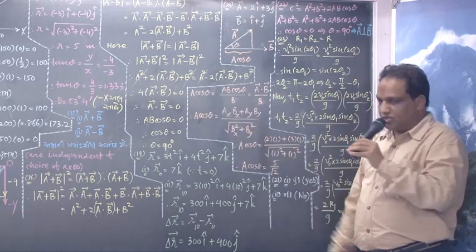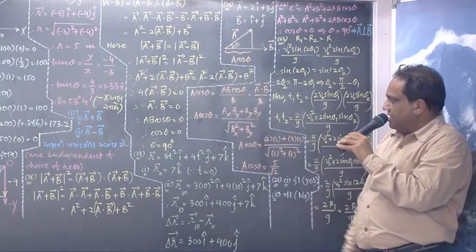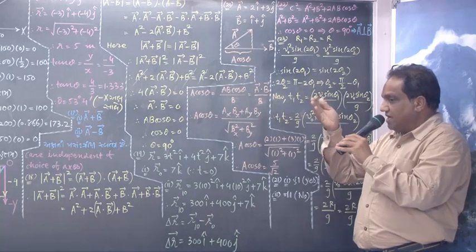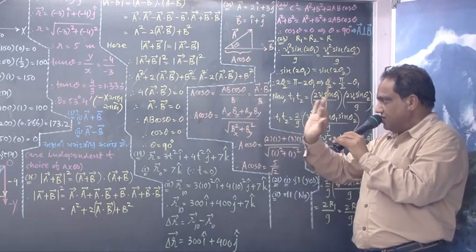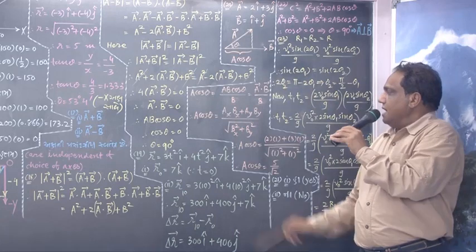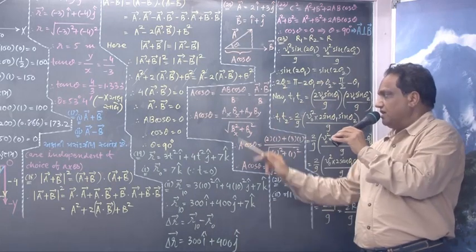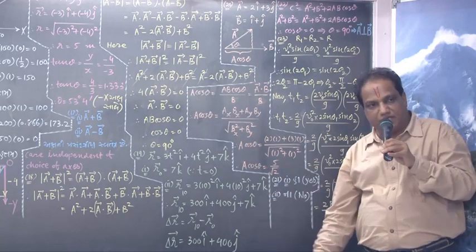Correct? What is AB cos theta? Vector A dot vector B, with B as it is. What is vector A dot vector B in terms of components? Ax Bx plus Ay By. Stop, because it has only two components. And upon B, what is the magnitude of any vector? Square root of the summation of squares of its x and y components.